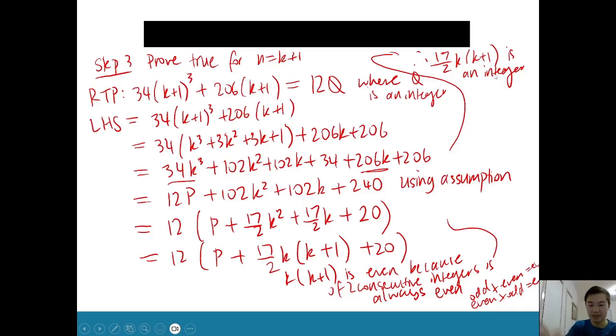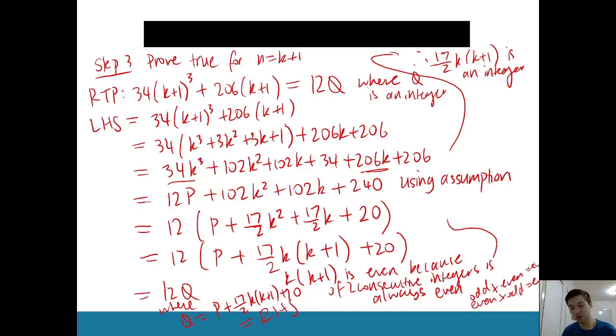So therefore, this thing is equal to 12q, where q is equal to p plus 17 over 2k times k plus 1 plus 20. Because p is an integer and k is an integer, all of that. So therefore, it's equal to the right-hand side.